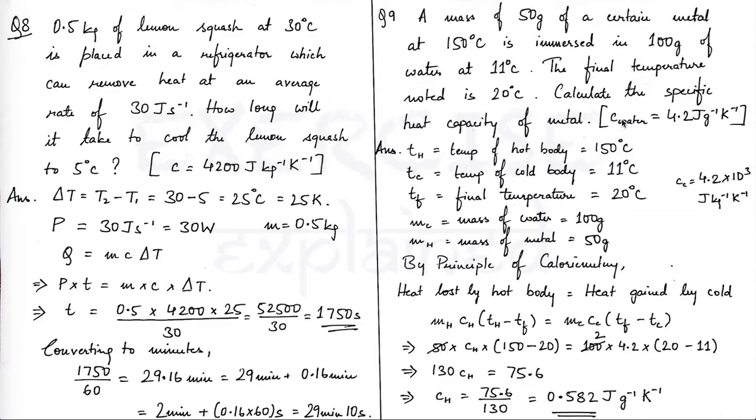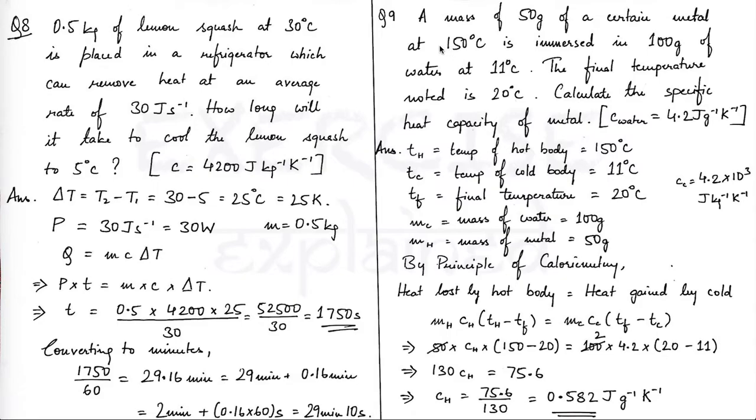Specific heat capacity of water is given in the question, that is 4.2 joule per gram per Kelvin. I have to tell you some things here.